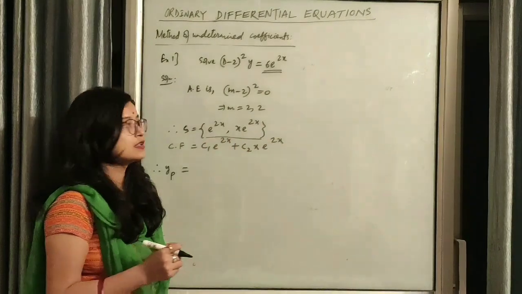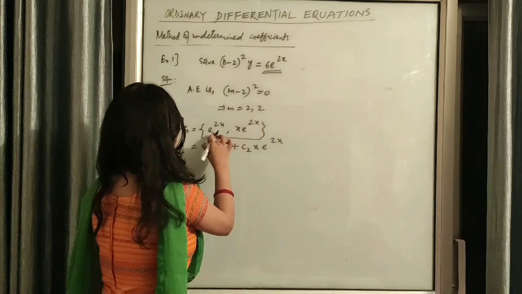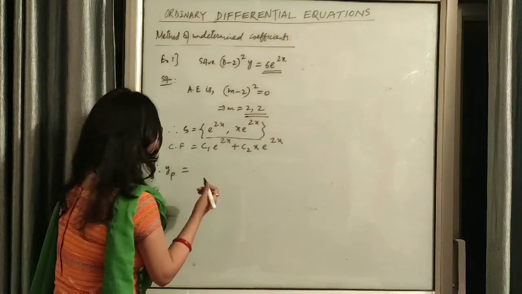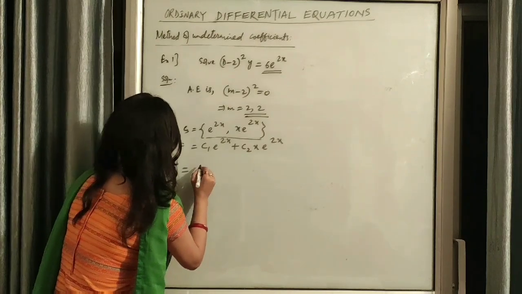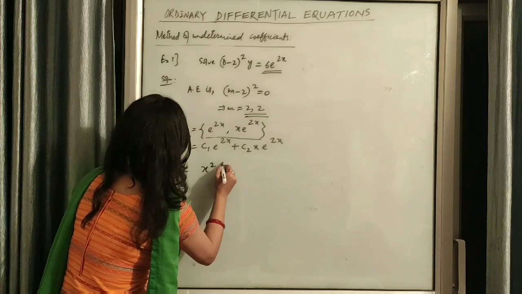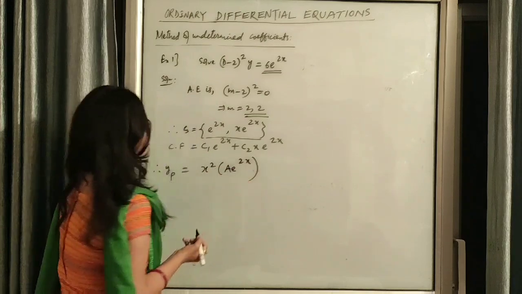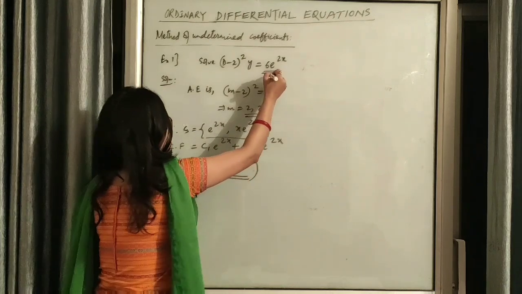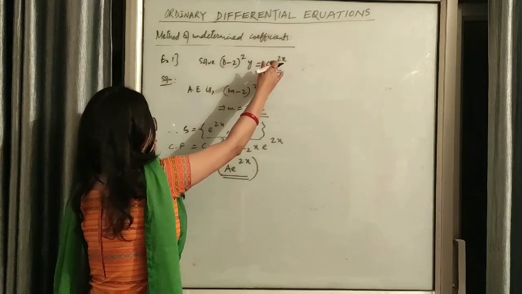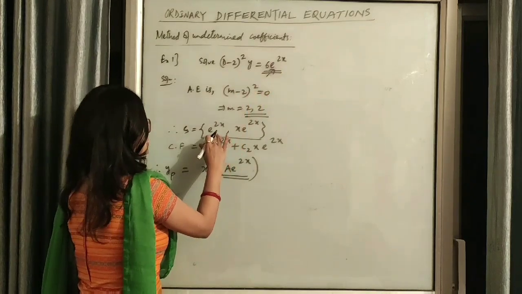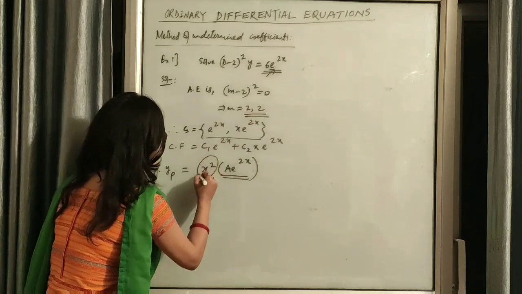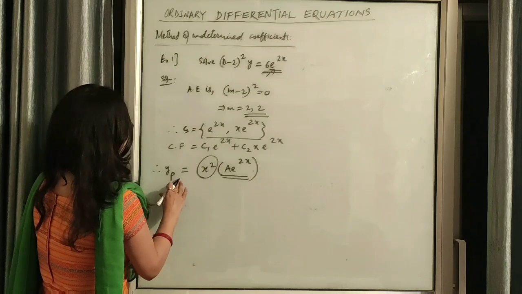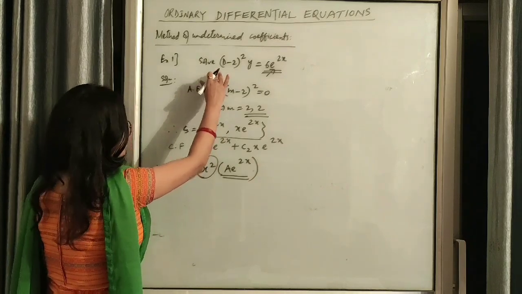So as e to the power 2x belongs to the solution set and corresponds to a double root, hence the yp we have to select using subcase 1 as x squared into a e to the power 2x. This a e to the power 2x I am taking directly from the table corresponding to e to the power 2x, and as this term belongs to the solution set corresponding to the double root, that's why this x squared term is coming. Now we will substitute this yp in the given differential equation so that we can evaluate the unknown constant a.